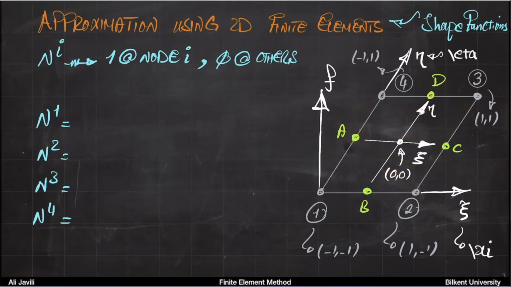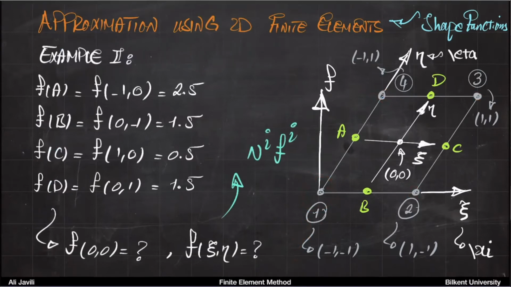All right, so how do we do this? We play exactly the same game that we played before. You are looking for something that is 0 here and 0 here and 0 here, but it's 1 here. So remember how we did it in 1D?